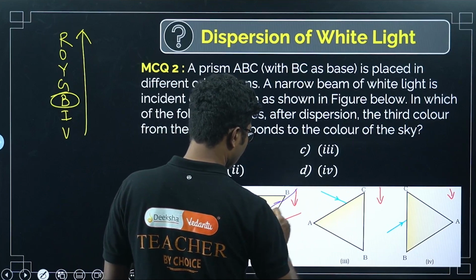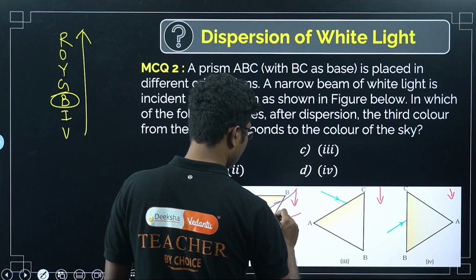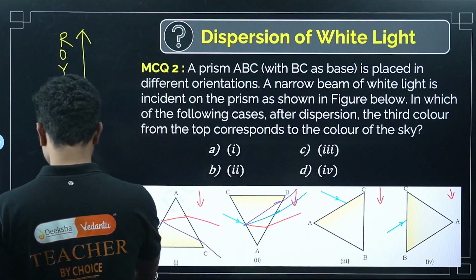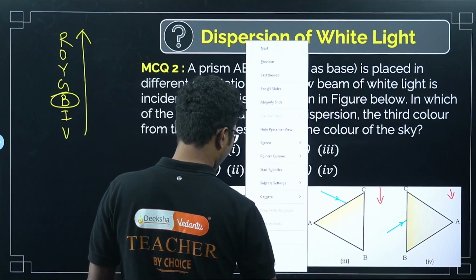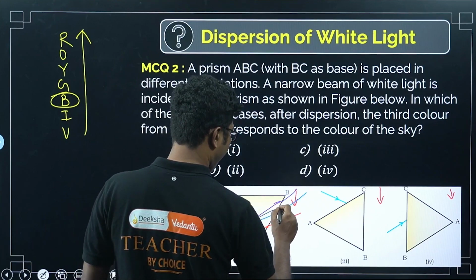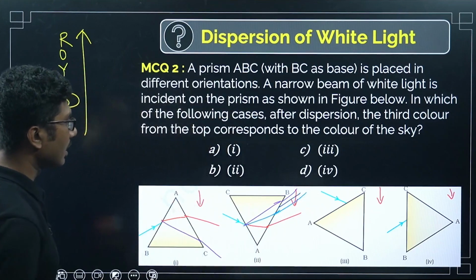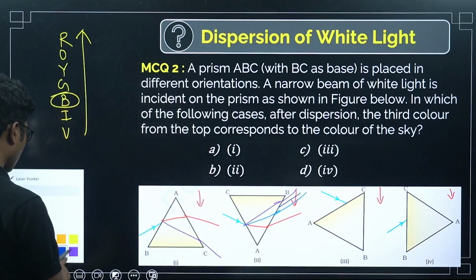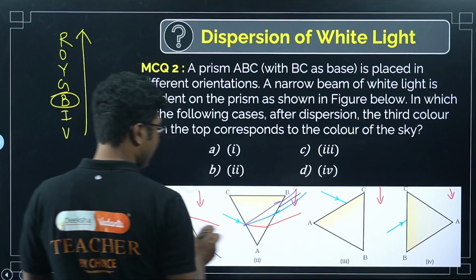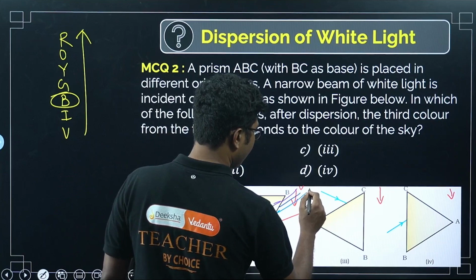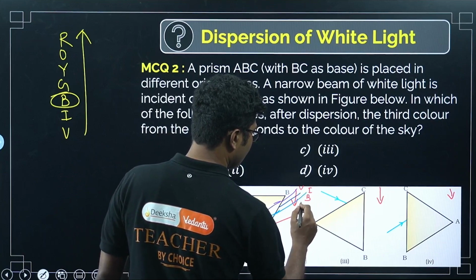In between there will be indigo color as well. So blue color should be the third color if you use this orientation, and you will get VIBGYOR.